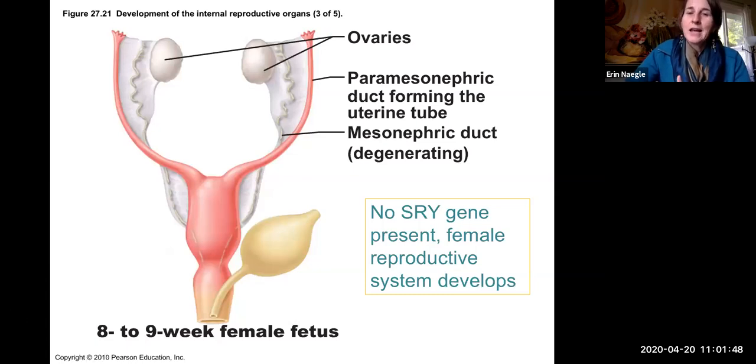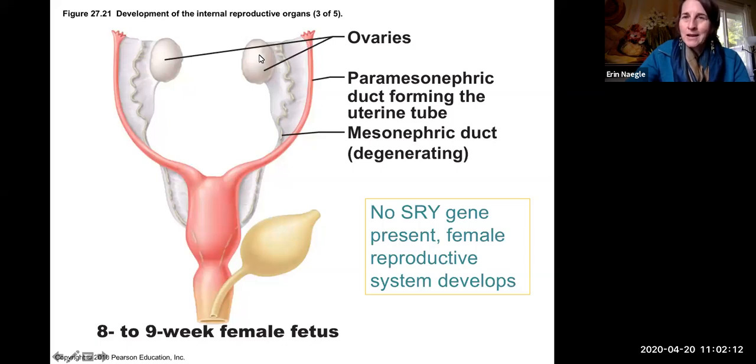So without that SRY gene, we have a female reproductive system that develops. You can see that the mesonephric duct, also known as the Wolffian duct, degrades, and the paramesonephric duct forms. Remember this one's further on the outside.